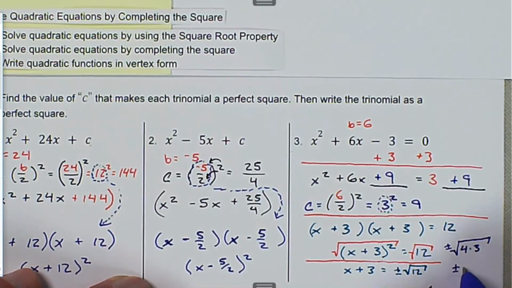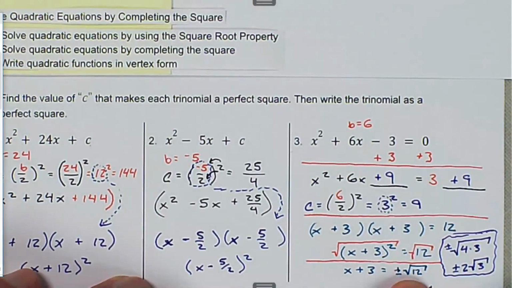So plus or minus 2 times the square root of 3. So that's reducing that radical right there. So I'm going to rewrite it one more time. The left side stays the same, x plus 3. The right side, we changed from plus or minus the square root of 12 to plus or minus 2 times the square root of 3.